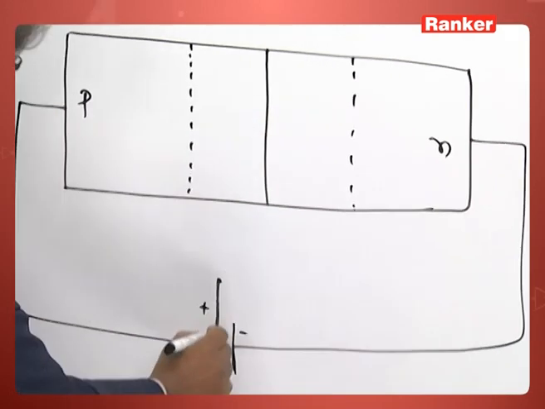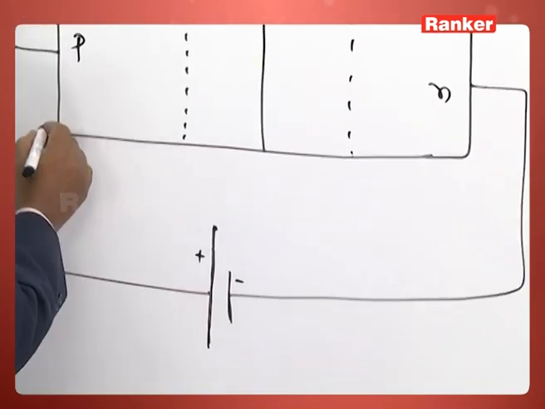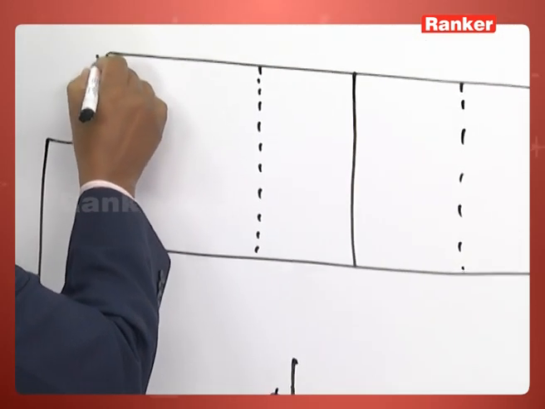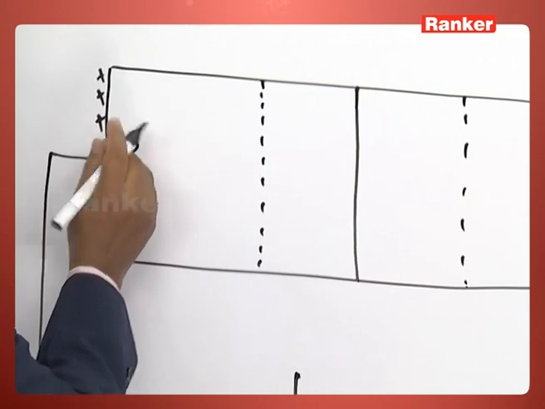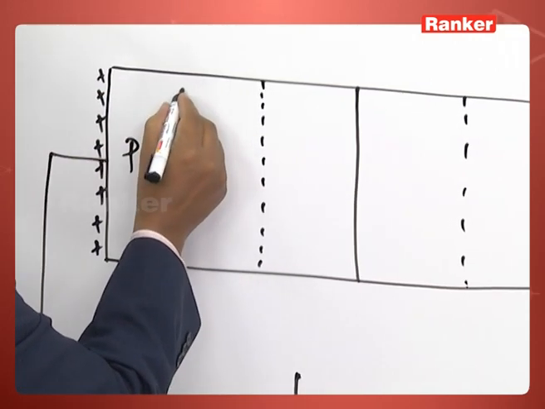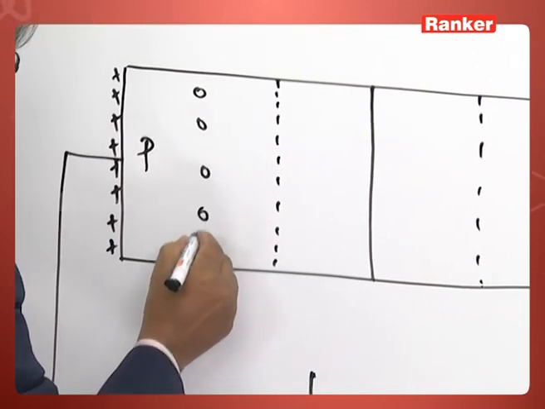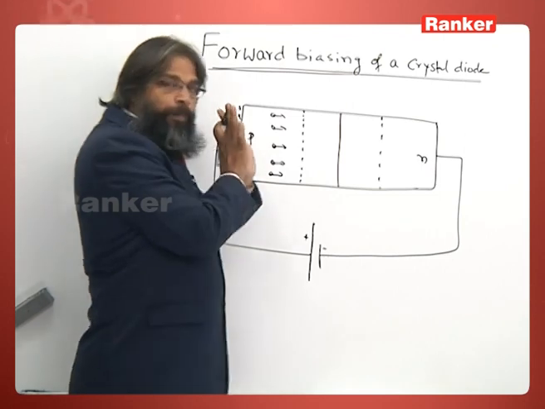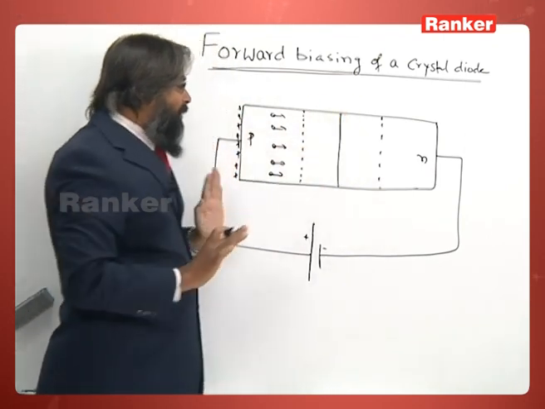What will happen, this positive plate will apply a positive potential on this side, and due to this positive potential the holes from this side will be pushed, you see these holes are pushed further towards the junction.